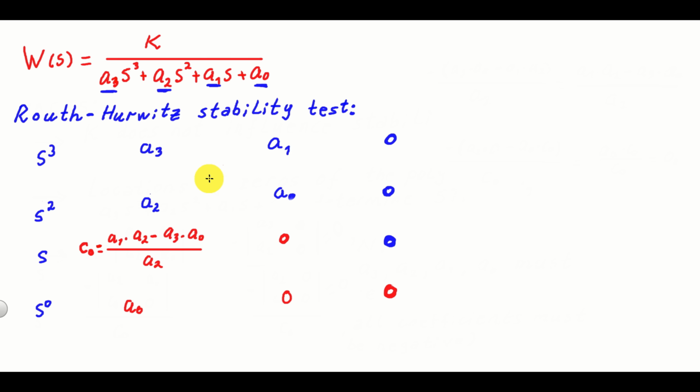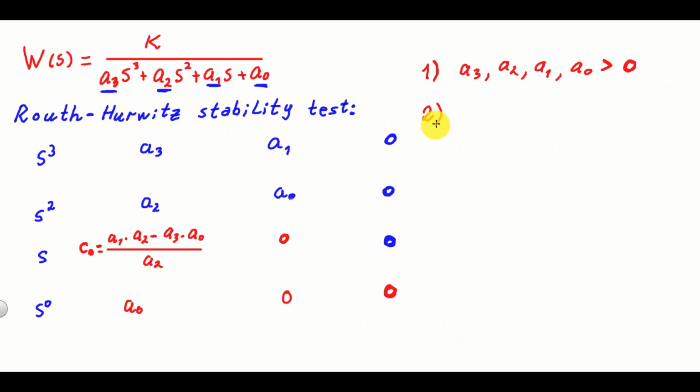Again, we first compute this table, then we check the sign of these coefficients in the first column, and if all the coefficients are positive, then the system is asymptotically stable. Okay, let's do that. However, before we do that, we have to remember the first necessary condition, and this is how we verify the stability. The first necessary condition is that A3, A2, A1, and A0 should be positive.